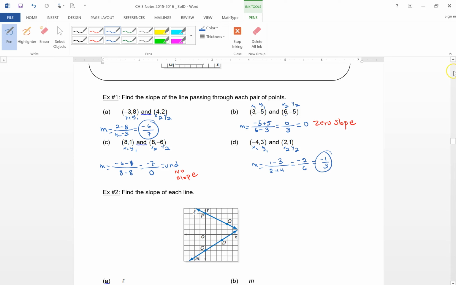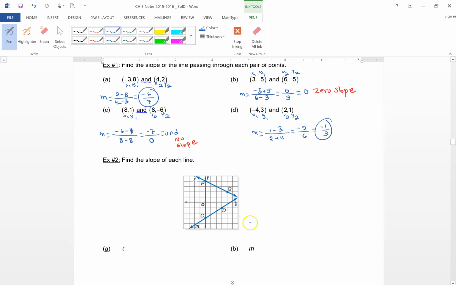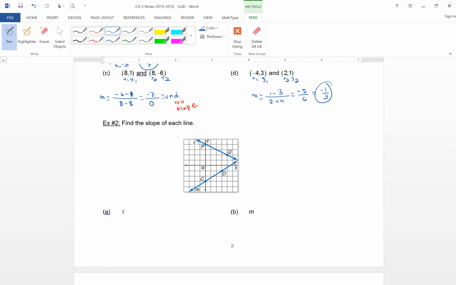Another way you can find slope is using the graph like Dylan was doing earlier. We want to find the slope of line L. Basically what you're going to do is pick 2 points. We always try to pick points that are on the corner of the grid. In this case, the points are already picked for us.